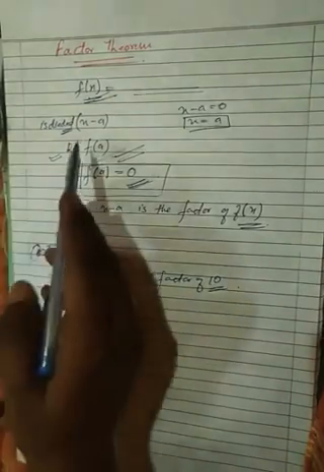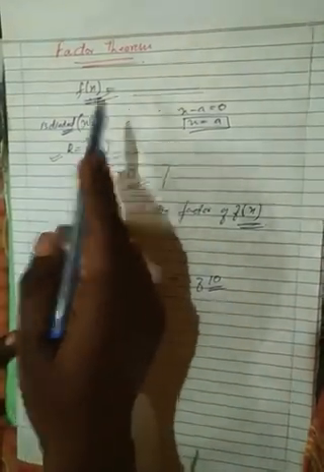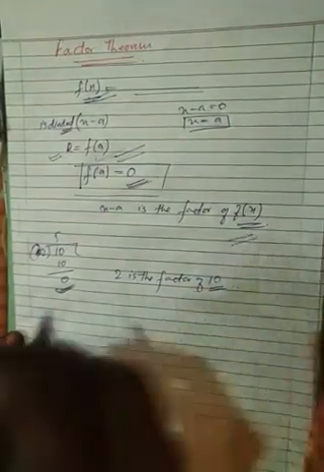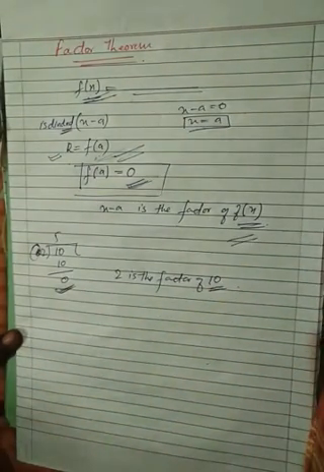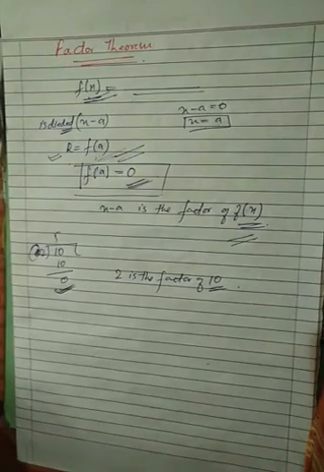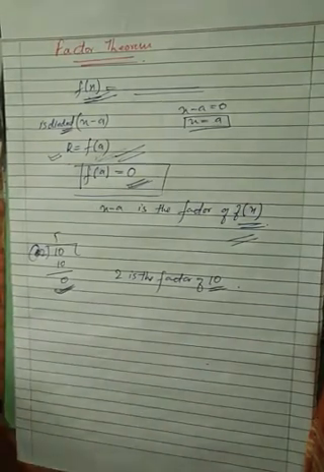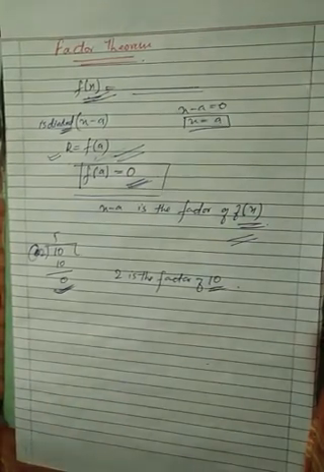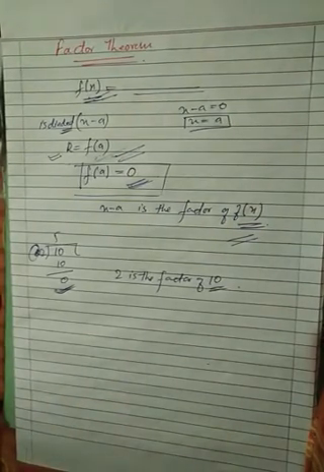Clear? Okay, this is what the factor theorem states. The remainder will be 0 when a number is a factor of a number, or a factor of an expression. Okay, clear? Now let's do some questions based on the factor theorem.